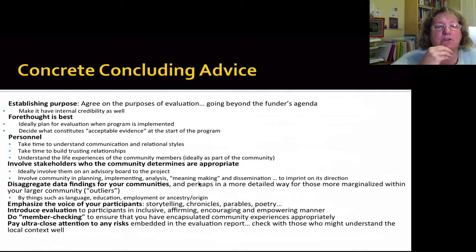And there are things you can do in order to collect that information, such as focusing on issues of language, education, ancestry, origin, employment. So ask about that, and then also in the quantitative data, you're going to be wanting to be able to disaggregate by those types of things.